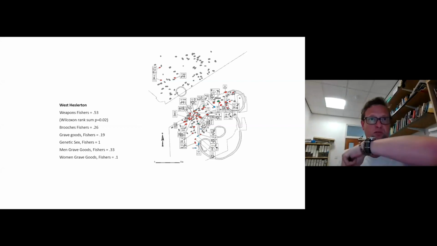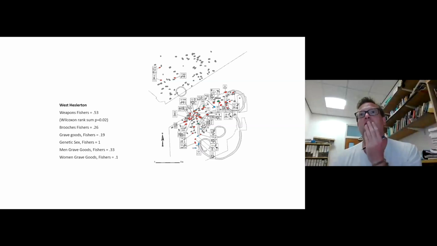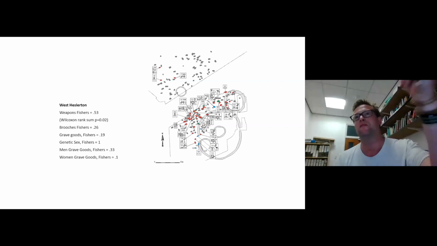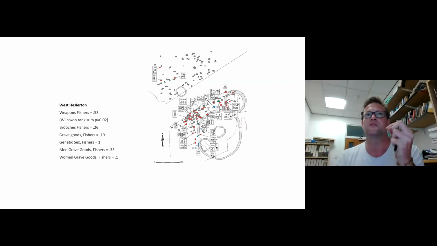We can explore the complexity of those weapon burials at West Heslerton and start talking about quite complicated family histories. But there are no real differences other than that men are buried with weapons and related people are buried with weapons at West Heslerton. There are no real differences between the genetics and artifact distributions.